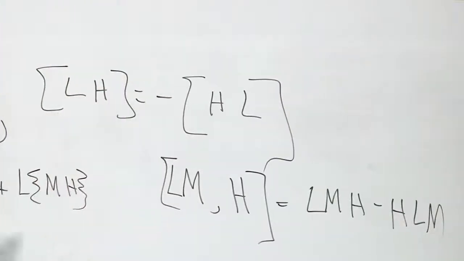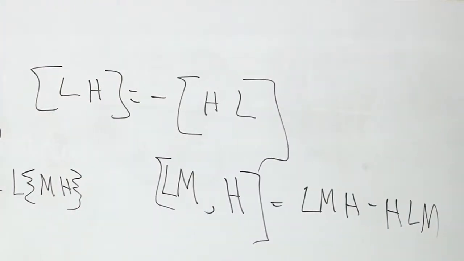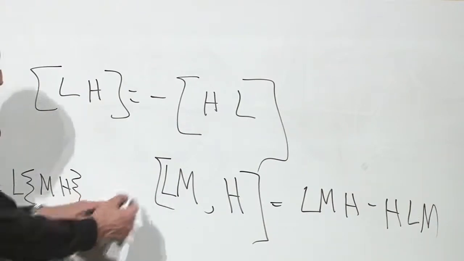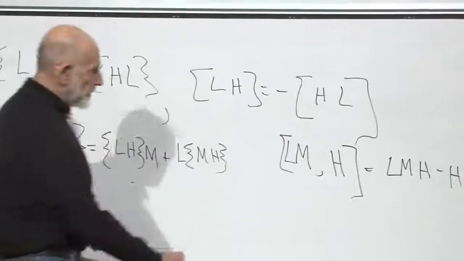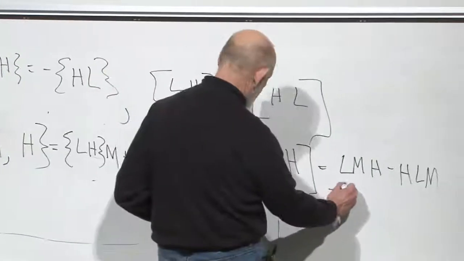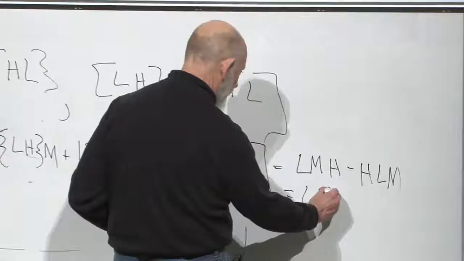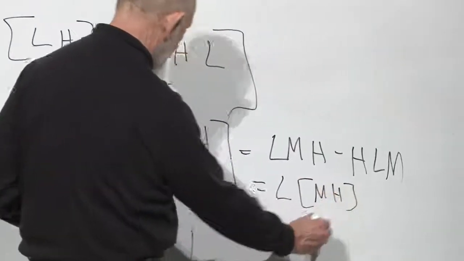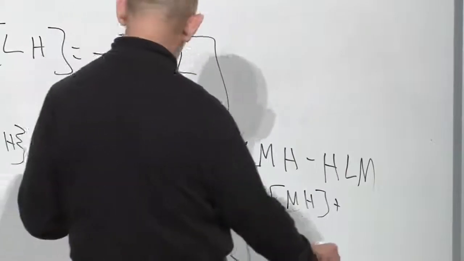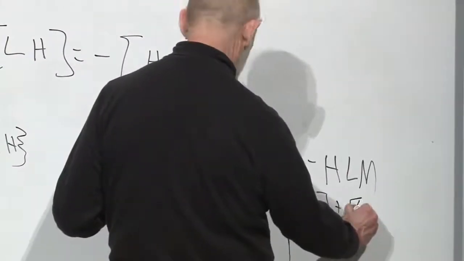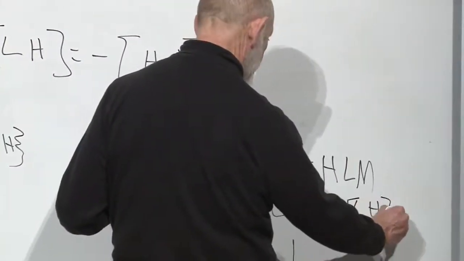Then you start juggling, adding and subtracting the same terms, and eventually you'll discover that this is the same relationship: this is equal to L times the commutator of M with H plus the commutator of L with H times M.